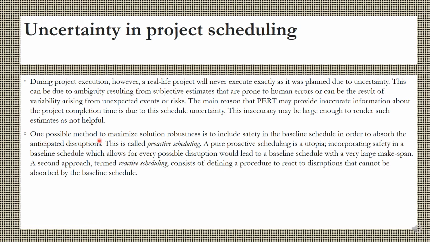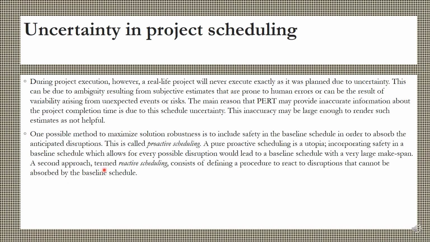Also, one possible method to maximize solution robustness is to include safety in the baseline schedule in order to absorb the anticipated disruptions. This is called proactive scheduling. A pure proactive scheduling is utopia; incorporating safety in a baseline schedule which allows for every possible disruption would lead to a baseline schedule with a very large makespan.